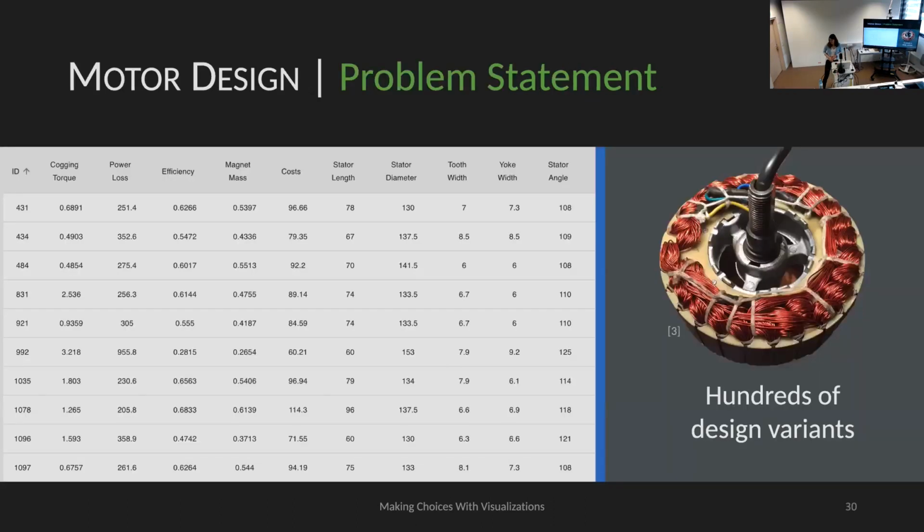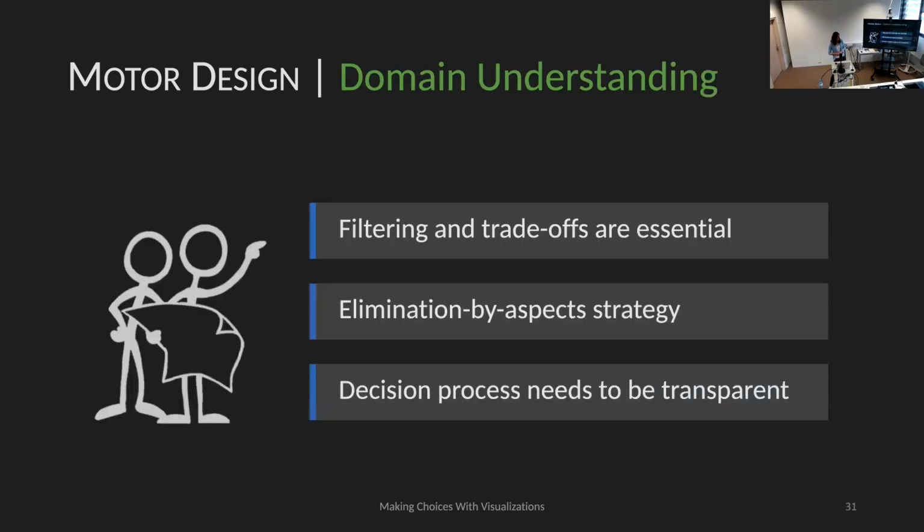So again, let's consider the problem of motor design. Simulation and optimization are used to try out hundreds to thousands of slightly varied design options. In our first conversations with the engineers, we realized that finding a suitable compromise is highly exploratory, where this large number of design options needs to be balanced with respect to multiple criteria.